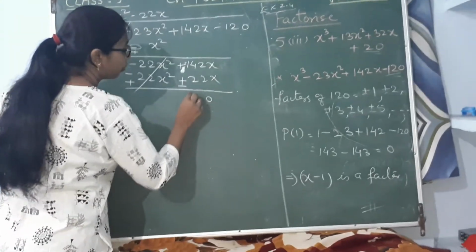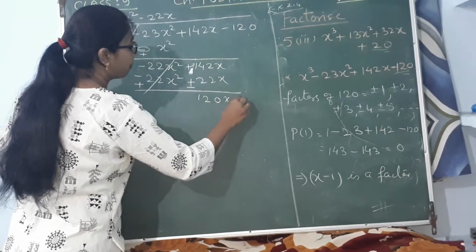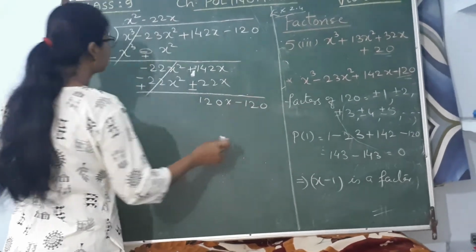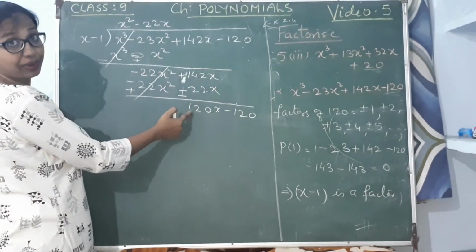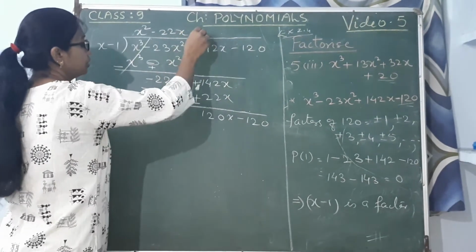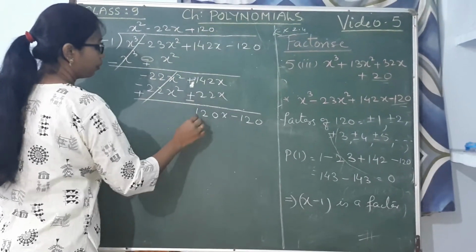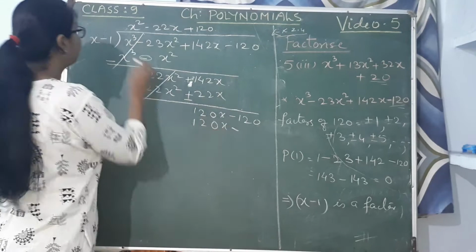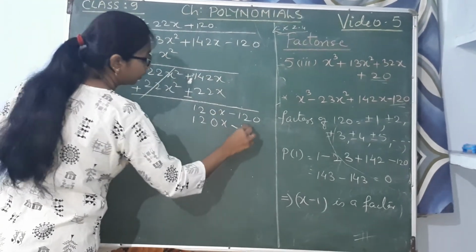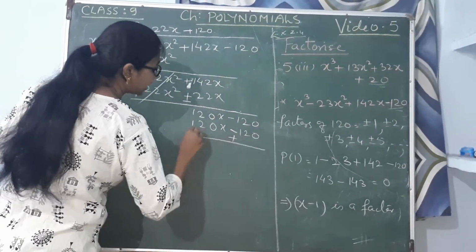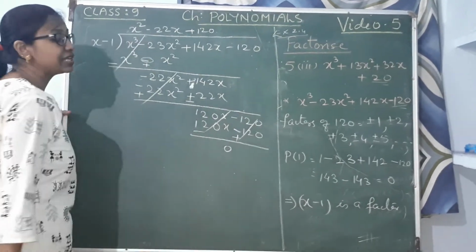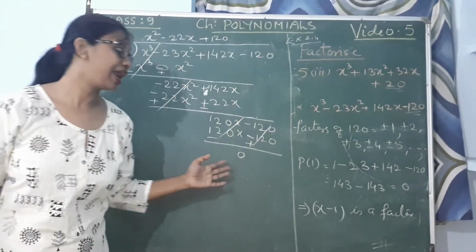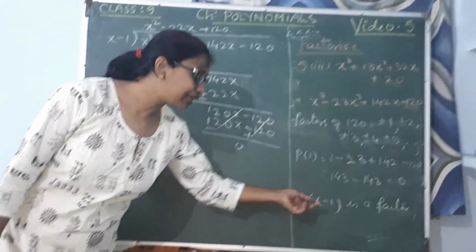This is 120x. Minus 120 you note down as it is. x into what gives you 120x? Already x is here, so plus 120. 120x minus, plus minus 120. Change the sign. Obviously we should get the remainder 0, as we have already found that x minus 1 is a factor.